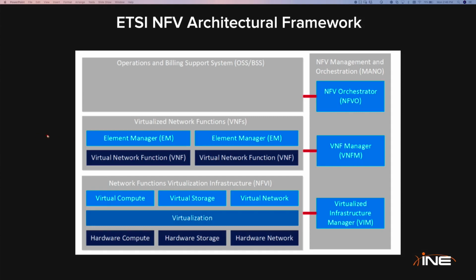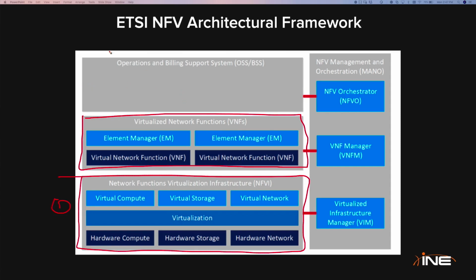Now, if you look at this diagram, which is basically a high-level overview of the architectural framework, we have the NFVI, which is Network Function Virtualization Infrastructure. This is right here. This is the first one. Then we have the VNFs, which basically reside on top of that. We have our operations and billing support system, and then we have our MANO, which is here.